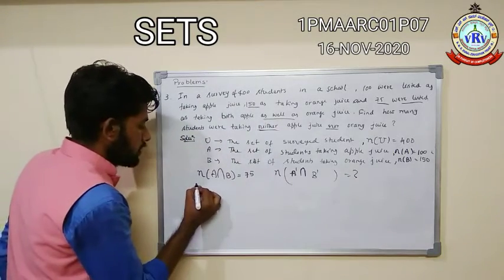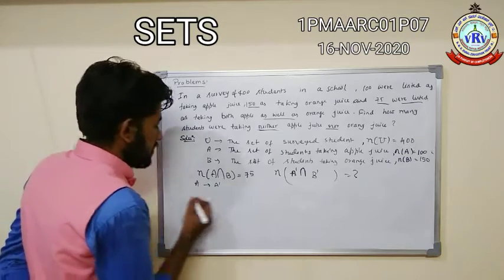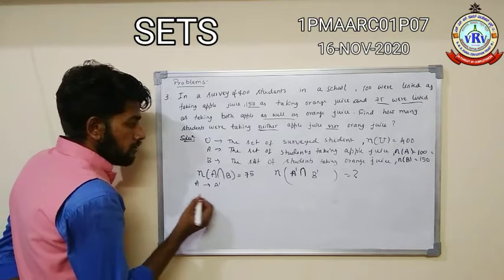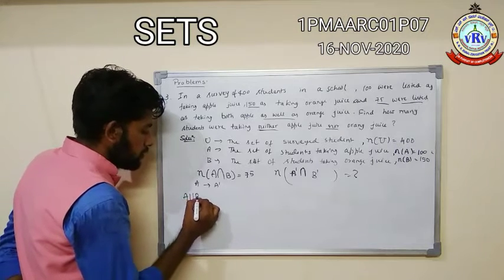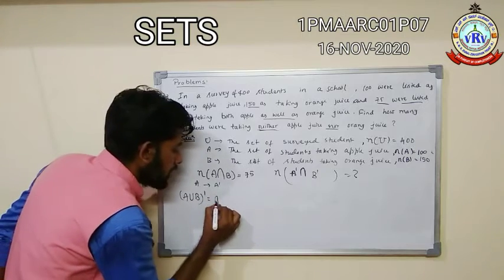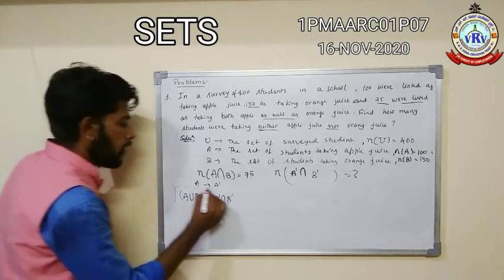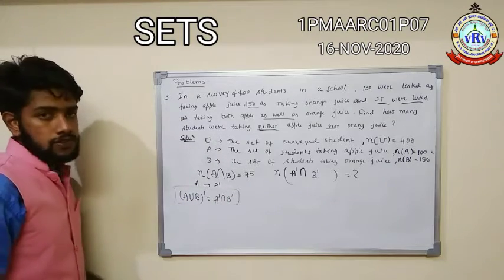For that we know the complement is A dash, and the property is A union B whole dash is equal to A dash intersection B dash. Right? This property we have already studied in the previous videos.